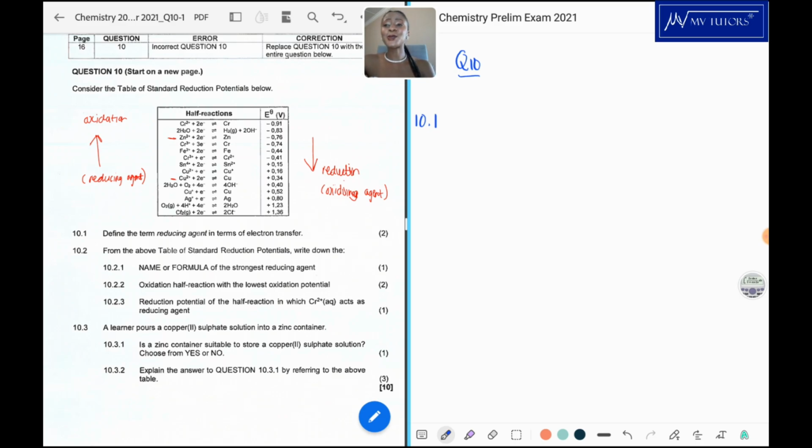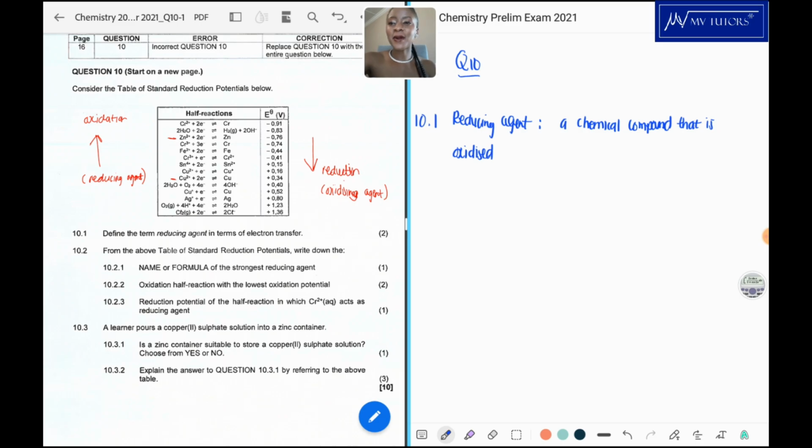But for 2 marks, I would say a reducing agent is a chemical compound. If you want the very formal definition, it's a chemical compound that is oxidized, therefore losing electrons.